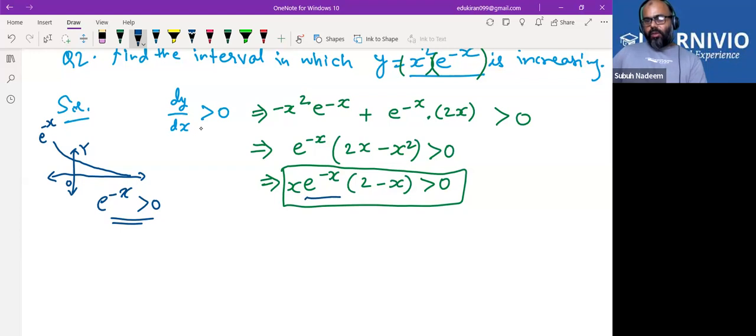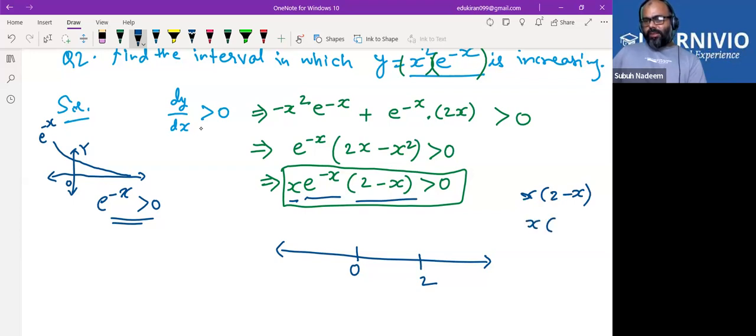Now, other two terms are x and 2 minus x. So, you have done earlier wavy curve method. If you see here, x will be 0 at 0 and 2 minus x will be 0 at 2. And x into 2 minus x can be written as x into x minus 2 with a negative sign. Both are same.